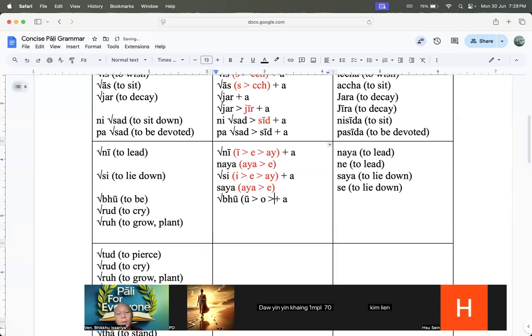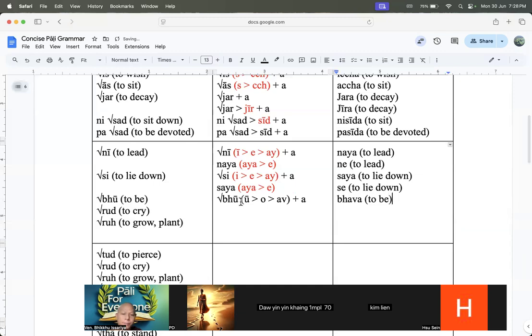That o becomes ava in this way. So now we have bhava, to be or to become.